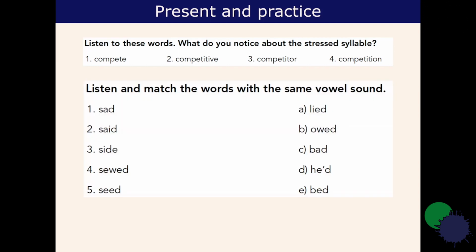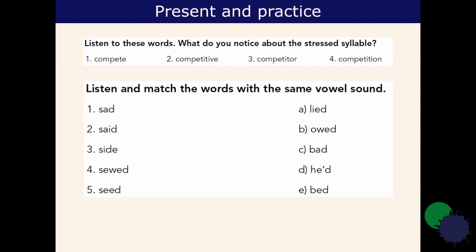Here's another sort of listen, notice, and match. So this is connected with sound and spelling. So we match the word sad to the word bad, and then the word said to the word bed. And students start to notice that spelling doesn't necessarily correspond to the same pronunciation sounds. So they're having to think about vowel sounds.